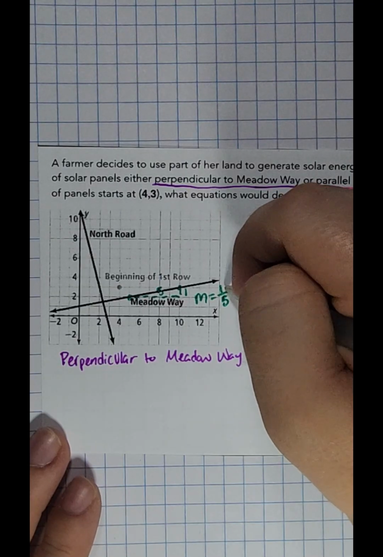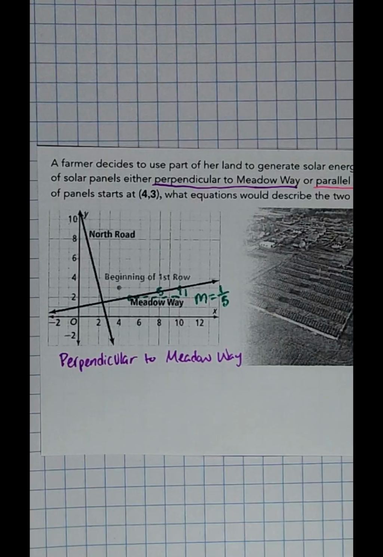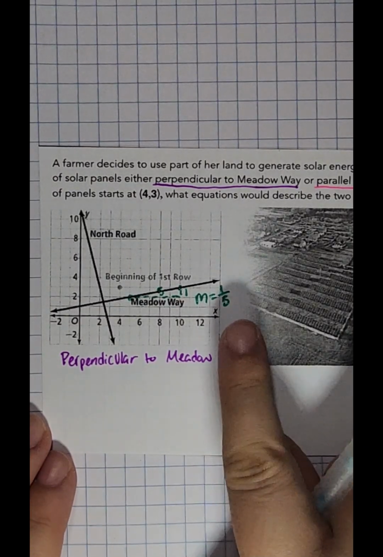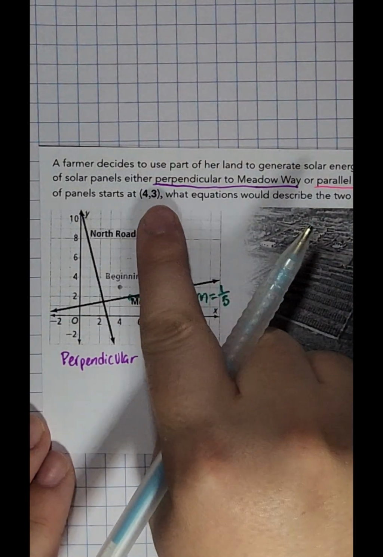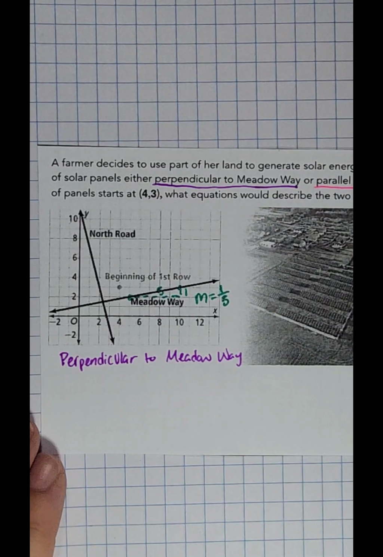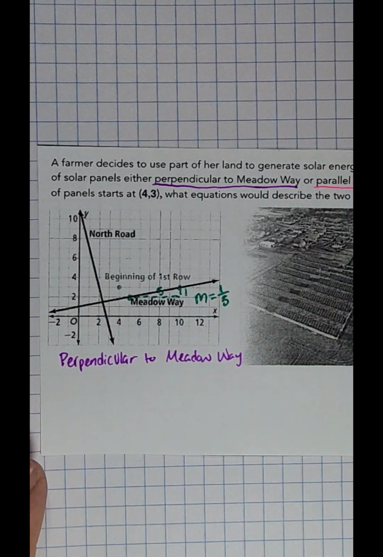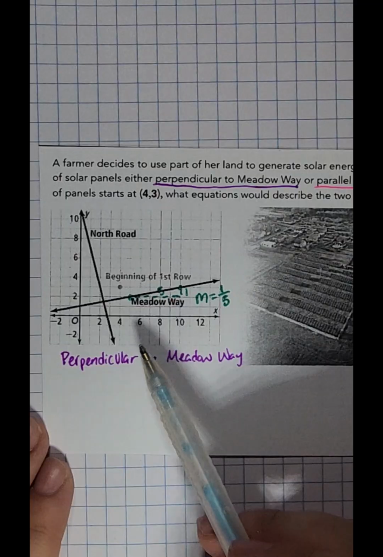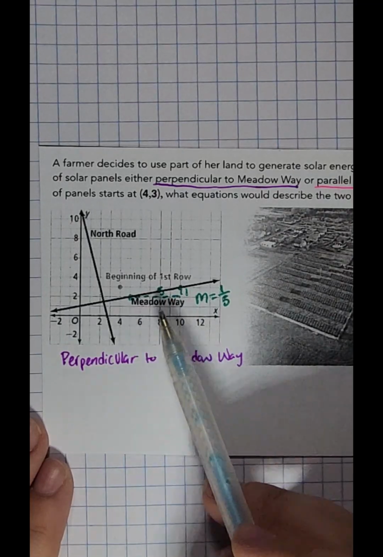because y's rise. Rise over run. The y, your vertical change, should be on the top there. So now we're going to use this and the point that we need to pass through to create an equation for the line that will be perpendicular to Meadowway.